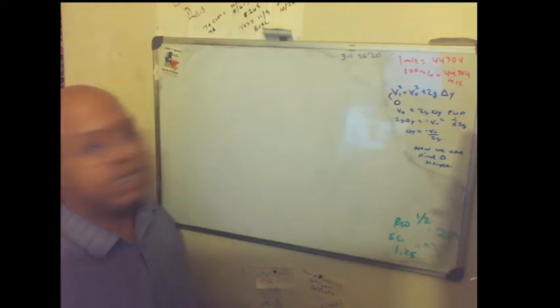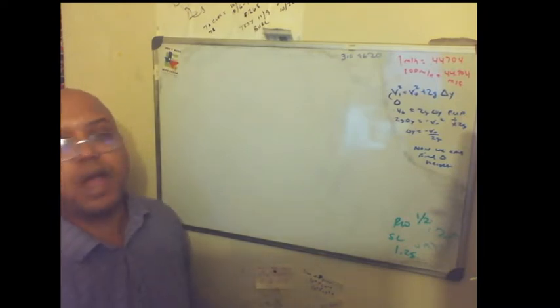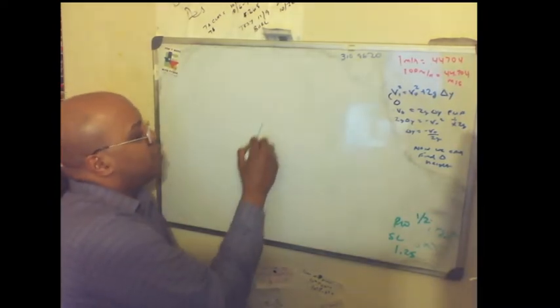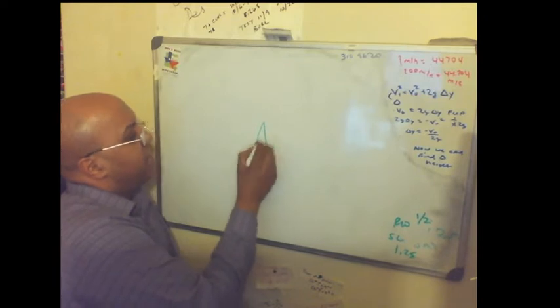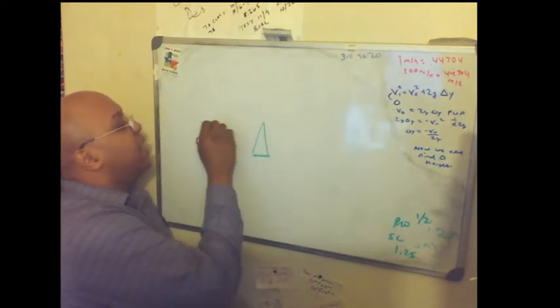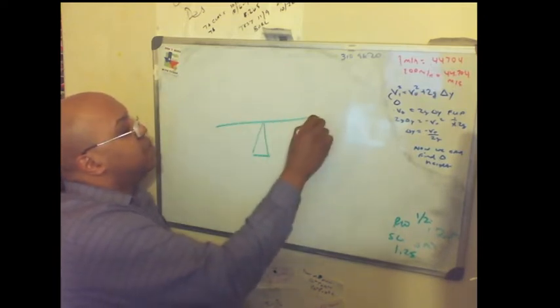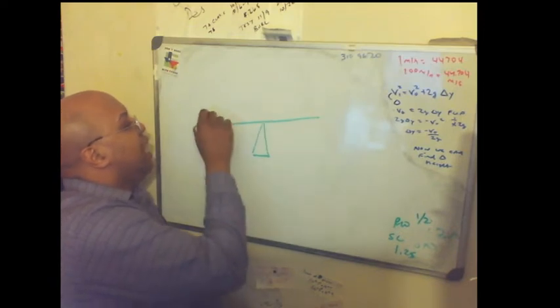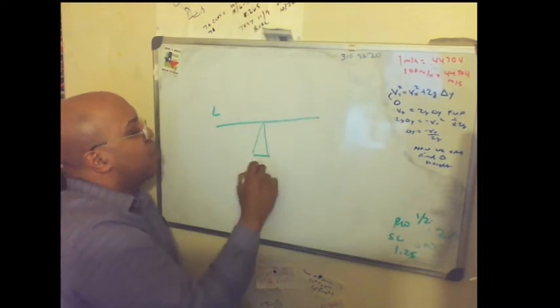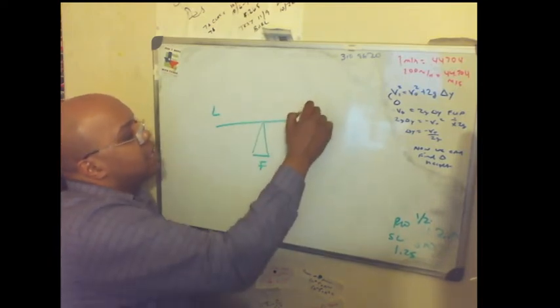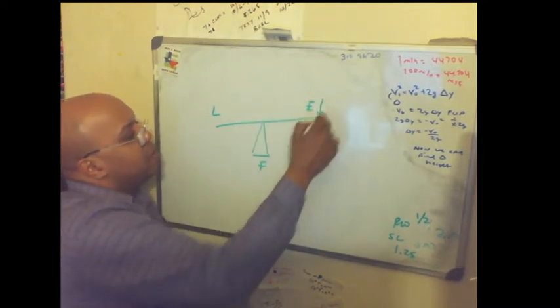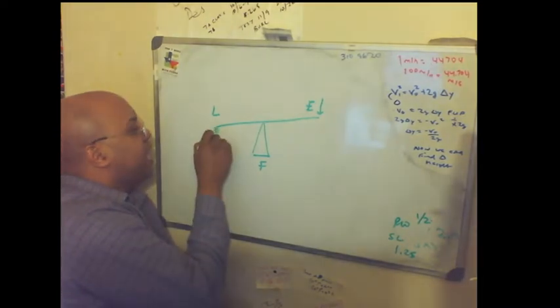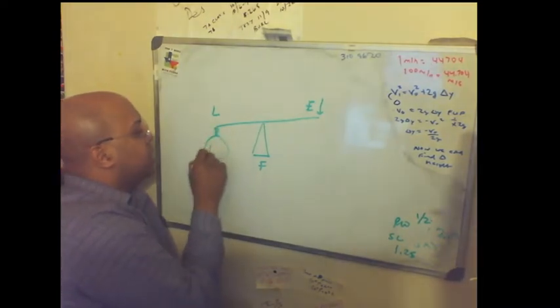So, okay, guys. This is how we work this problem, okay? You have the fulcrum in the middle. All right. You have a plank. So you have the load on this end, the fulcrum here, and the effort is going to be applied here. All right. So now what we have is a 60-pound weight.